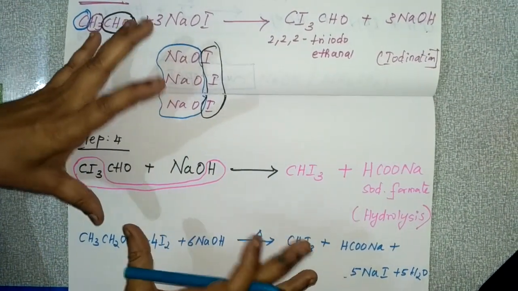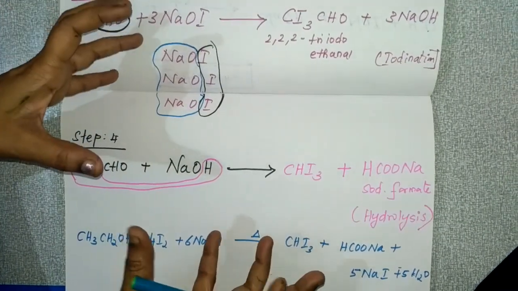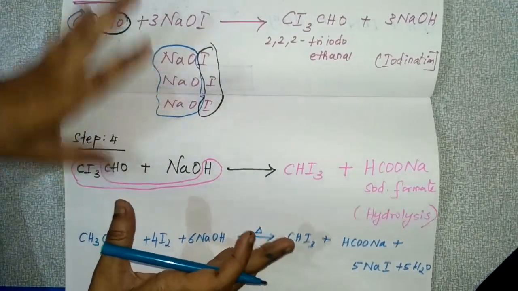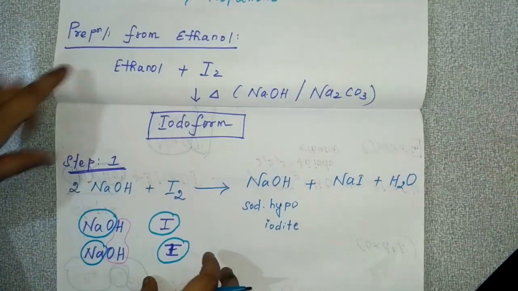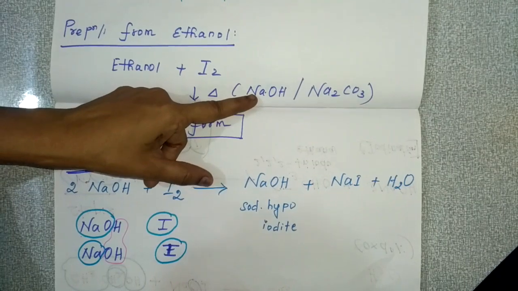So the formation of iodoform from ethanol involves 4 steps. The first step is the reaction of sodium hydroxide and iodine.